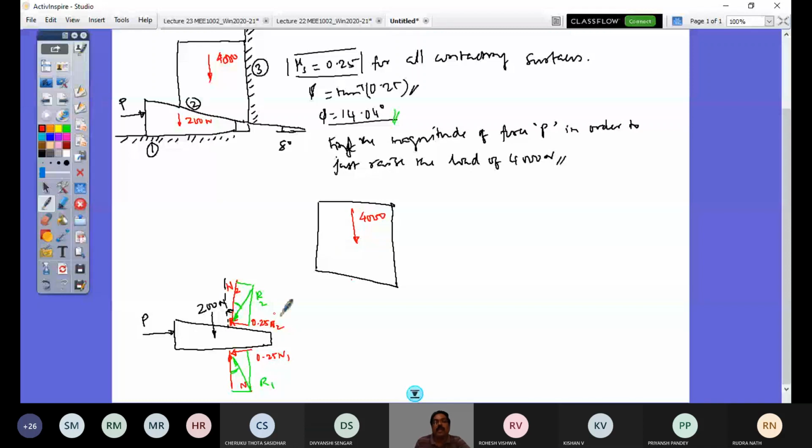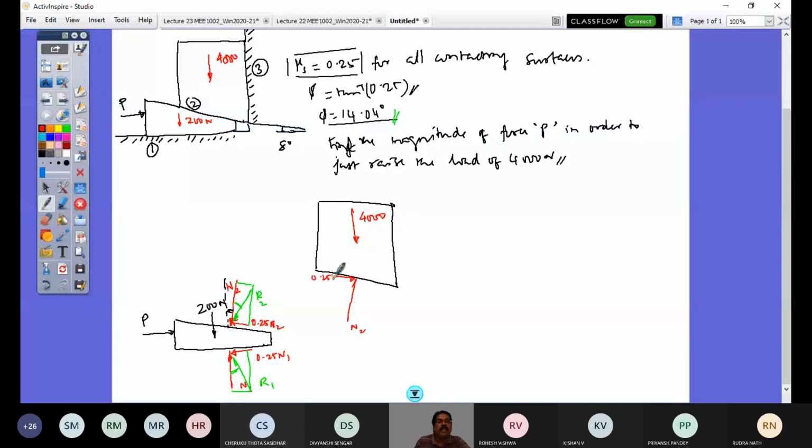The same thing should be there. Here R2, so that is opposite. Let us first draw the friction force. The direction of friction force on the wedge is up, so here it is down like this, and normal is here. So this is N2, and this is 0.25 N2.